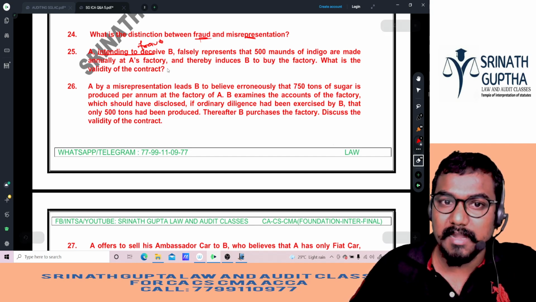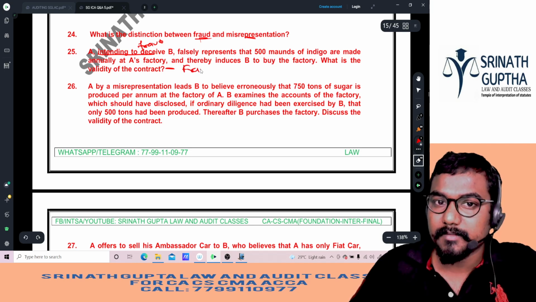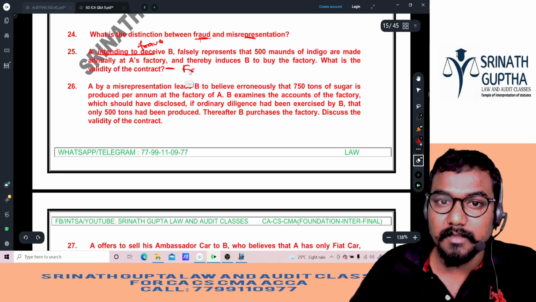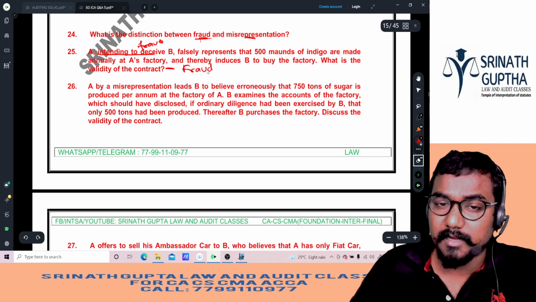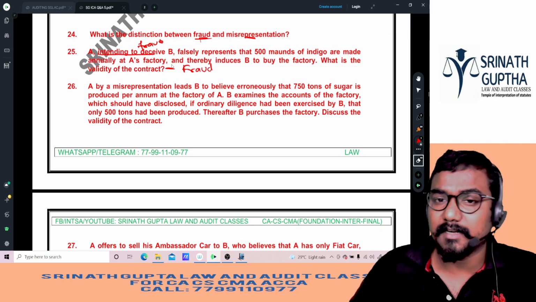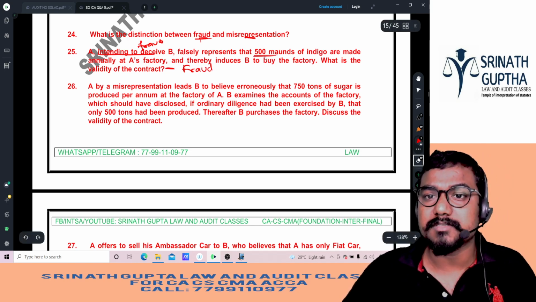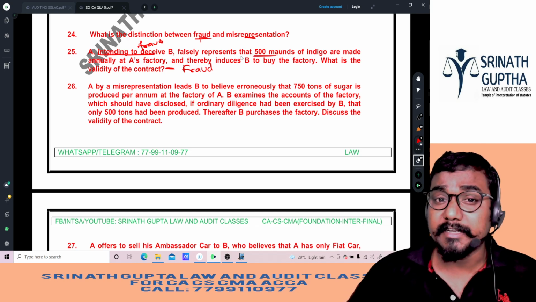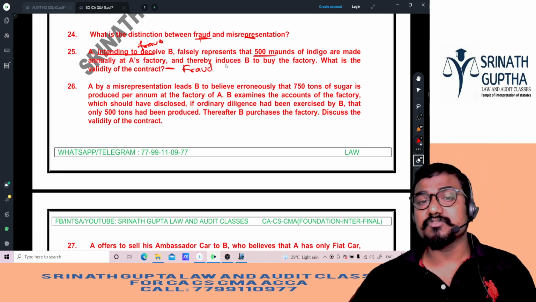What is the validity of the agreement? It is a fraud, because he knows that it cannot produce that much quantity, but he said that it can produce 500 maunds of indigo. So it is an intentional misrepresentation of fact. So it is a fraud.